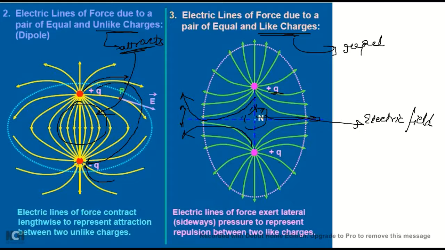This is the region where the net electric field is zero, and we can call this point or region a neutral point or neutral region, right?